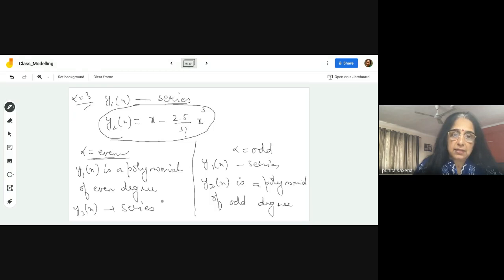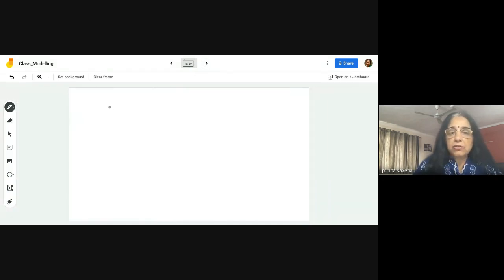That means whenever alpha takes, see, we have just taken the integral values. Whenever alpha is an integral value, or an integer, then what are we getting?